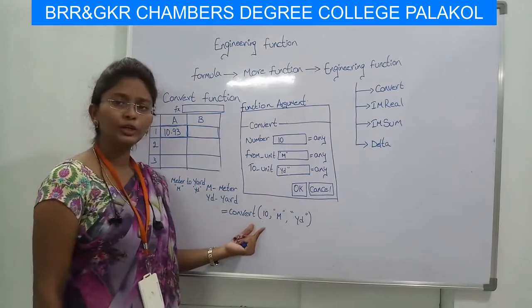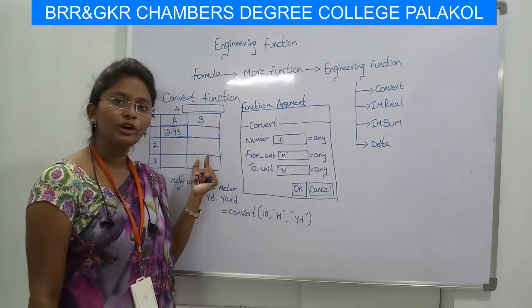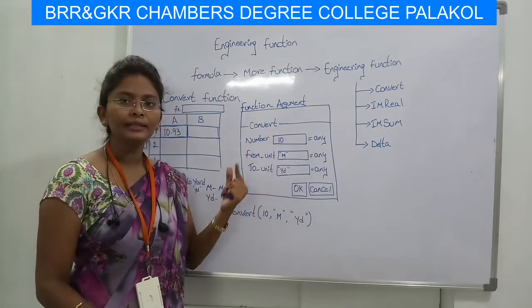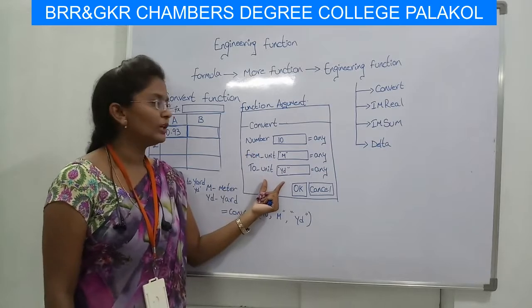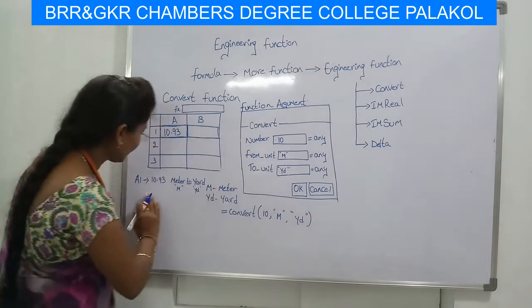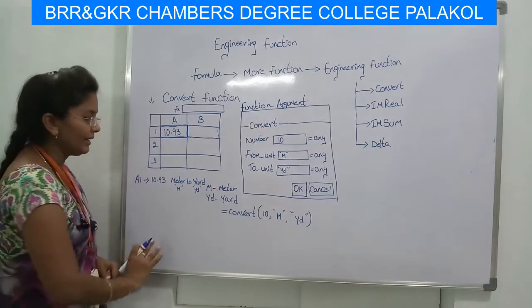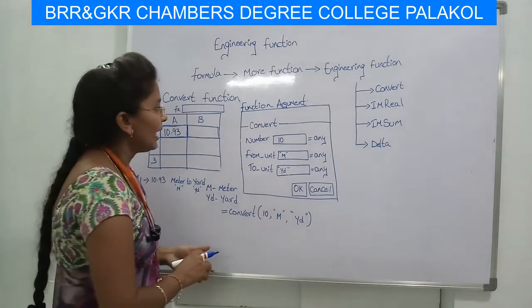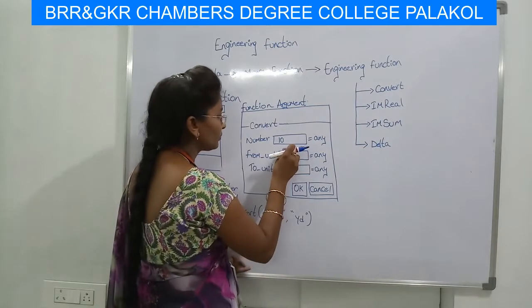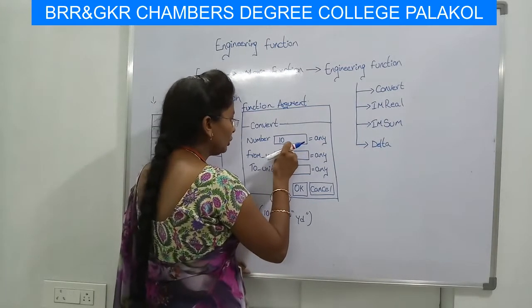This is the way to enter the formula in the formula bar, and selecting the options and entering the number in the function argument dialog box. And this is the first example. The second example is converting the same number 10 from yard to meter.